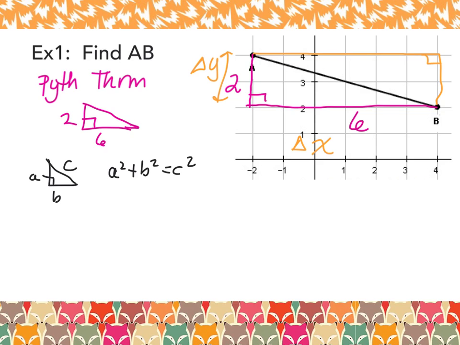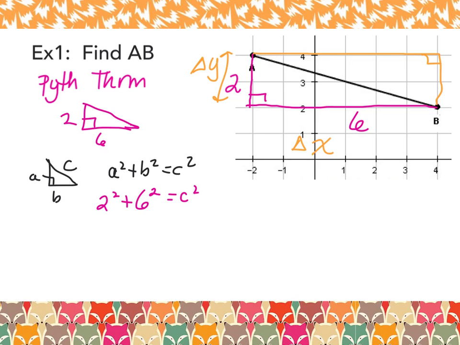Let's use those values that we identified in the triangle. Since we're trying to find the hypotenuse, we're going to use 2 and 6 for the values for A and B. So 2 squared plus 6 squared equals C squared.